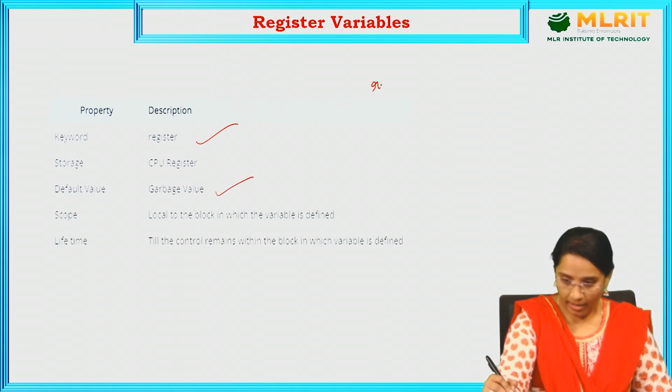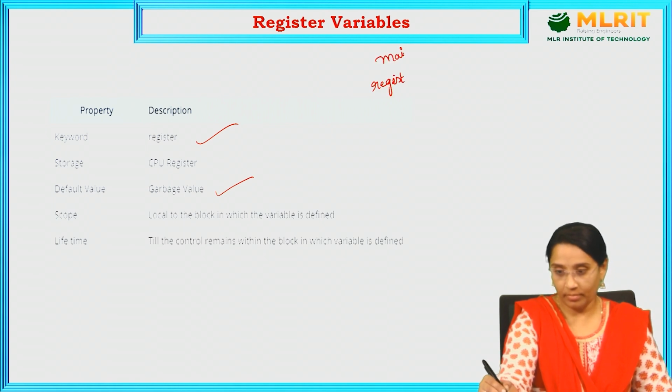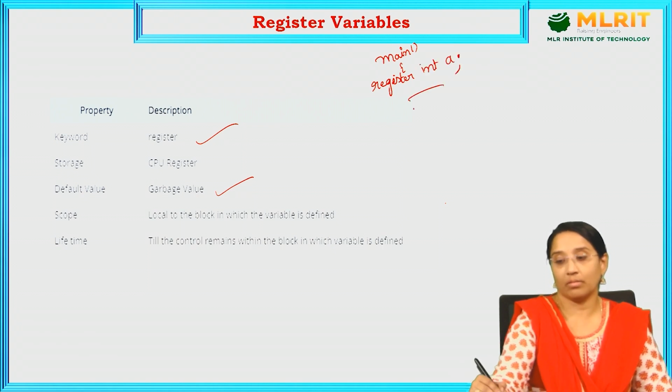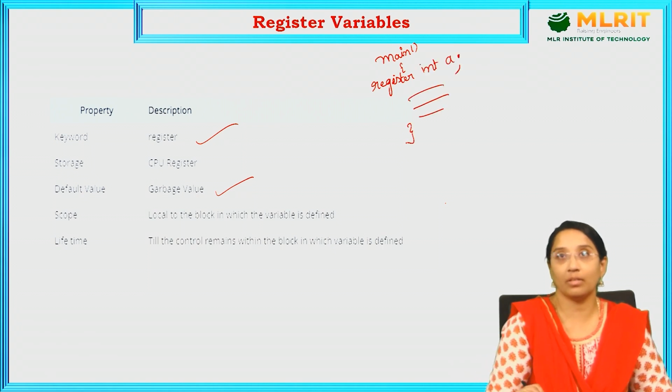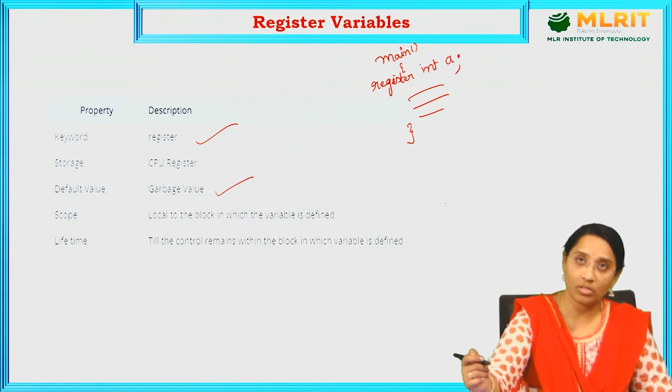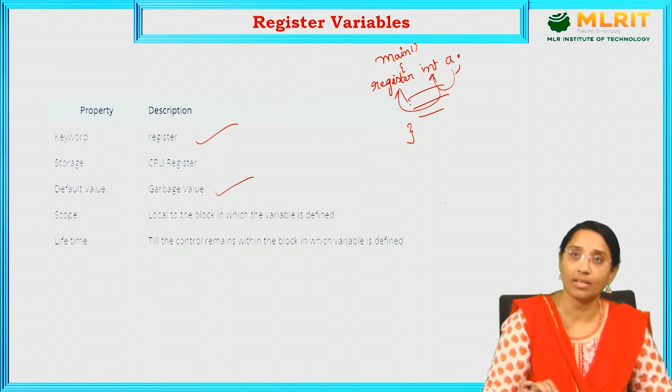Suppose I write register int a inside the main function, and the variable a was not initialized. It was just declared with data type integer and with the storage class register.